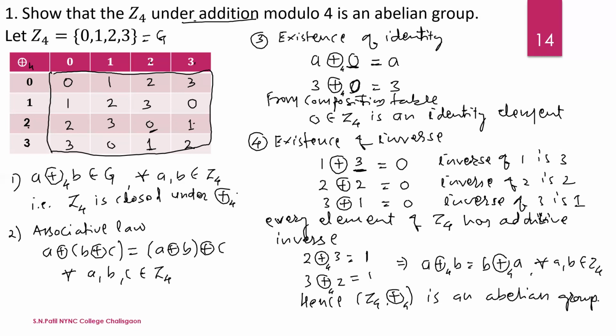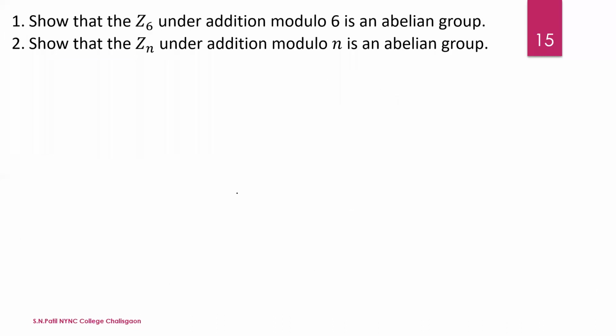Now similarly, you can show the Z6 is an abelian group. Zn is an abelian group modulo n. Okay. The Z6 having the elements 0, 1, 2, 3, 4, 5.